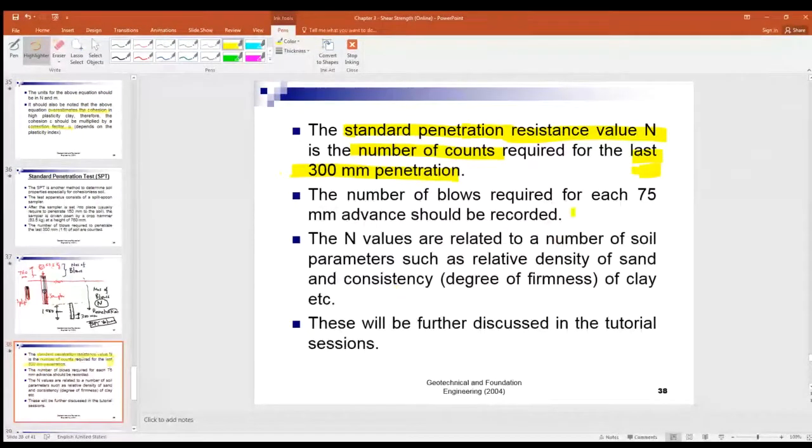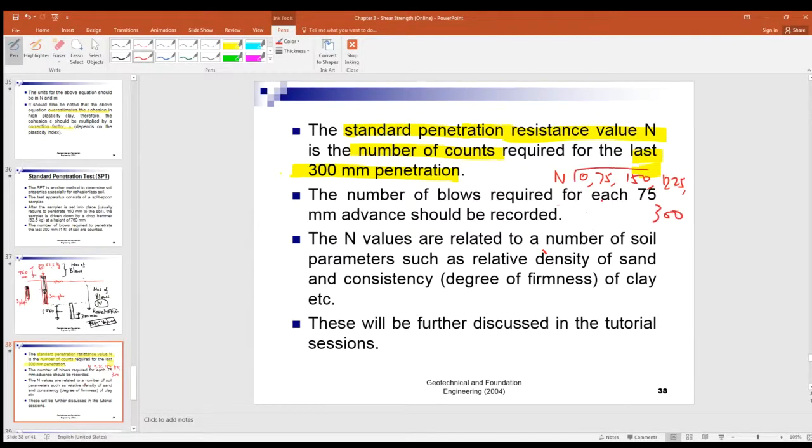Now, not only for the 300 mm penetration, for each 75 mm increment should be recorded. In other words, here you need the number of blows at 0, 75, 150, 225, and then 300.